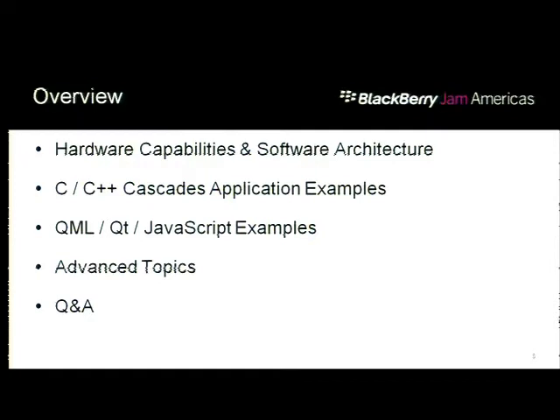If it seems heavy on the C, don't worry. We're going to look at QML and Qt examples later, after the C stuff. Paul's done a couple samples up there. And then we're going to jump into some advanced topics, talking about image processing and some other hot topics like rotation and resource sharing.